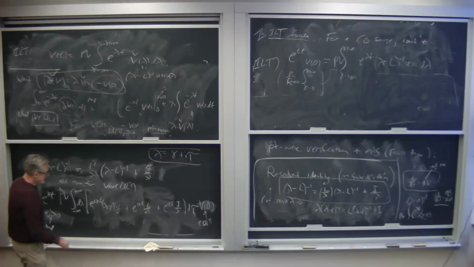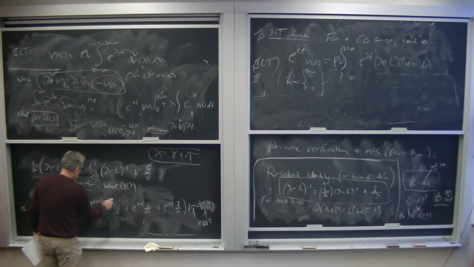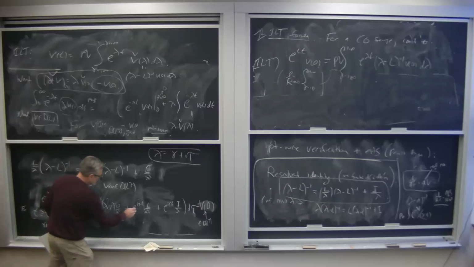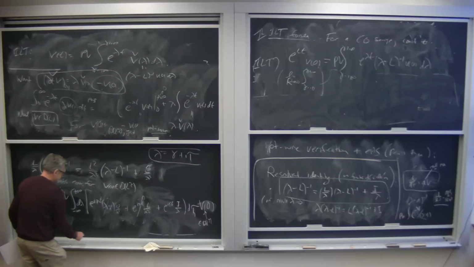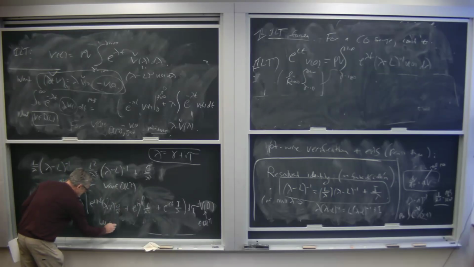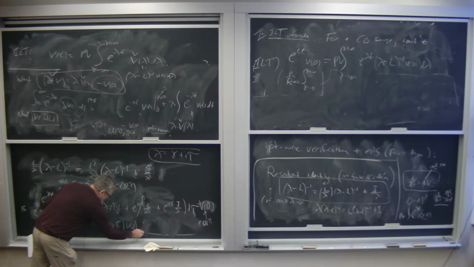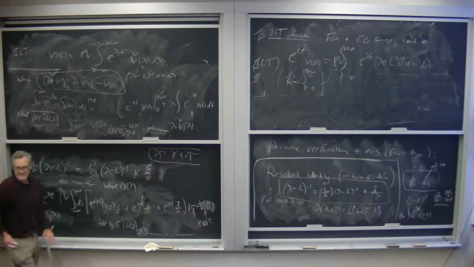So these two terms are bounded by a constant times v of 0, but in the D of L squared norm. And here I'm estimating, and I'm working in the X norm.